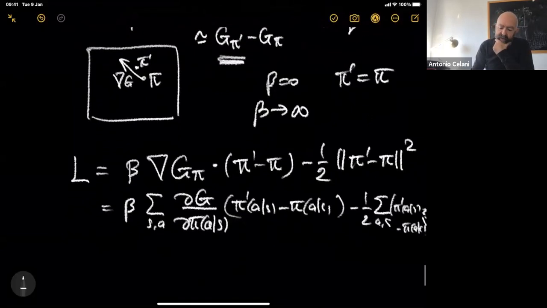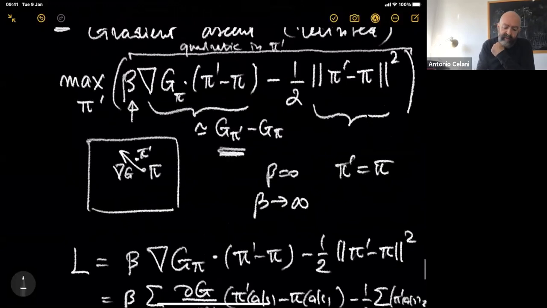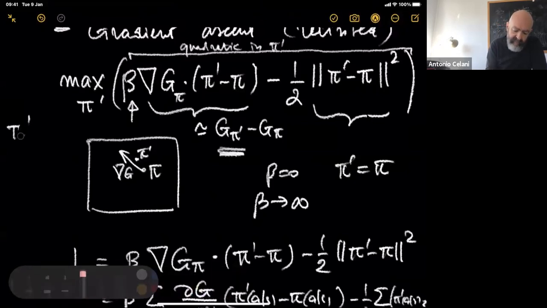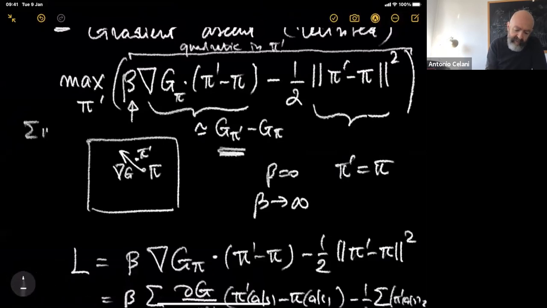Notice that I have to add something here because I want to optimize, but pi prime must be a probability. So I have to enforce the fact that the sum over A of pi prime of A given S must be equal to 1.